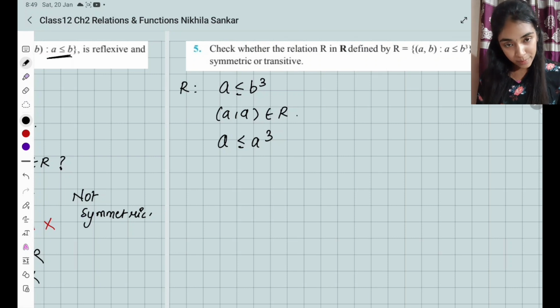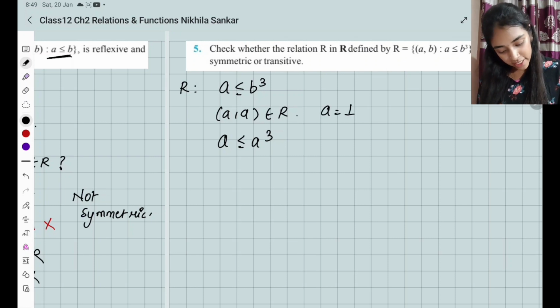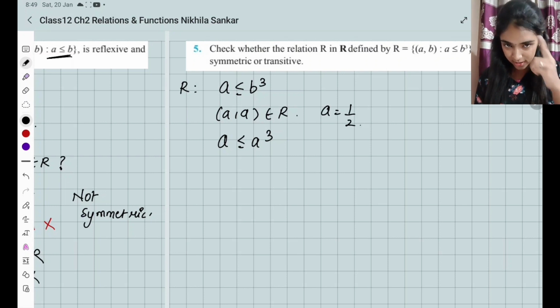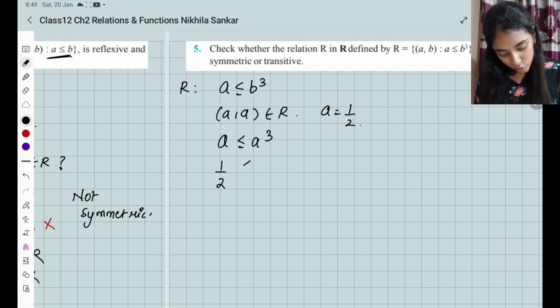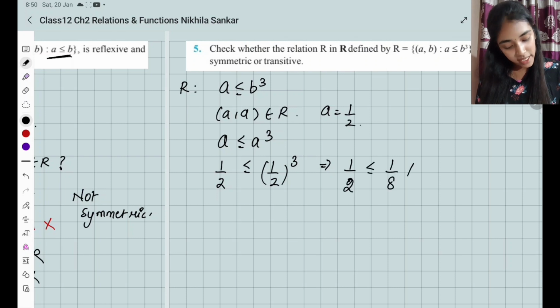Now if we directly look at this, the cube is on this side, so it would seem to be bigger. But when you take a value to be half, fractions should come to mind quickly. So you have 1 by 2 less than or equal to 1 by 2 the whole cube. So from this you have 1 by 2 is less than or equal to 1 by 8, which is false. So this is not reflexive.